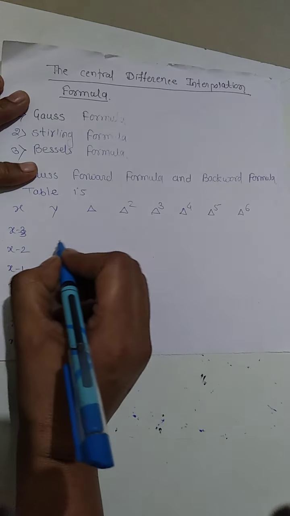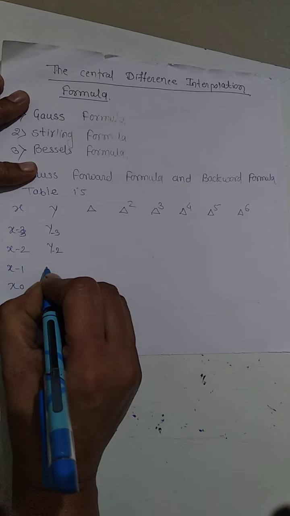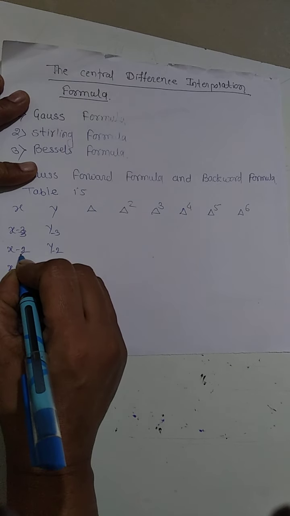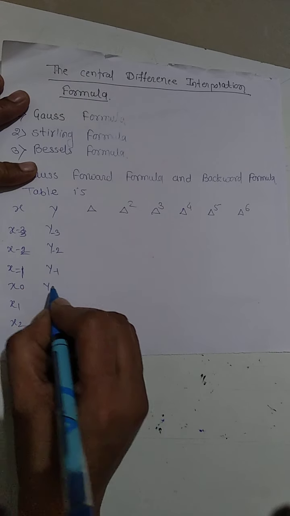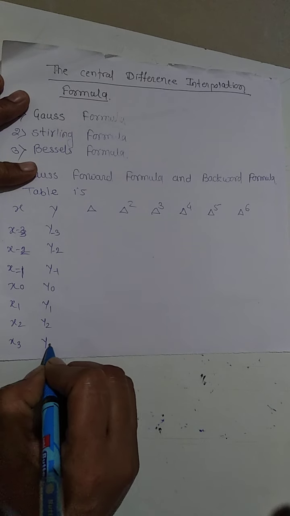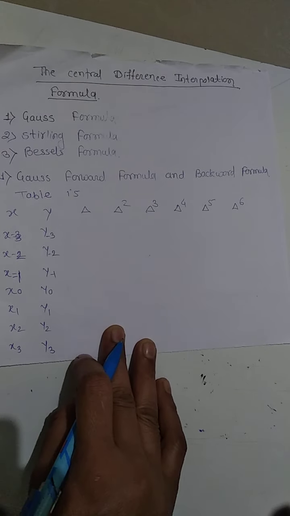And the values of y are y minus 3, y minus 2, y minus 1, y0, y1, y2, y3.